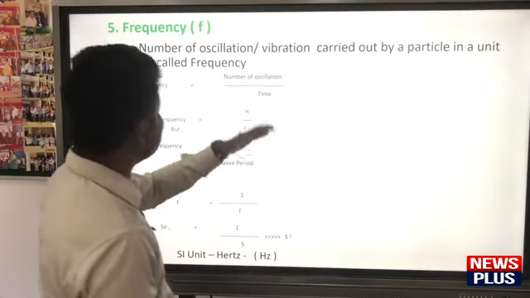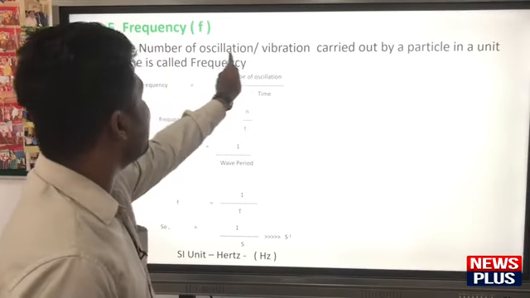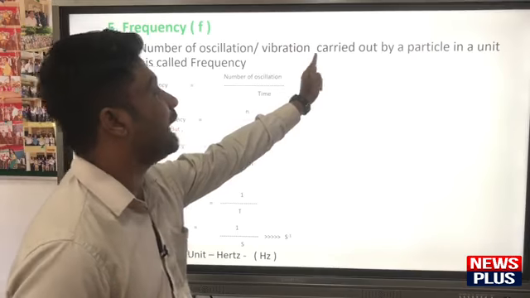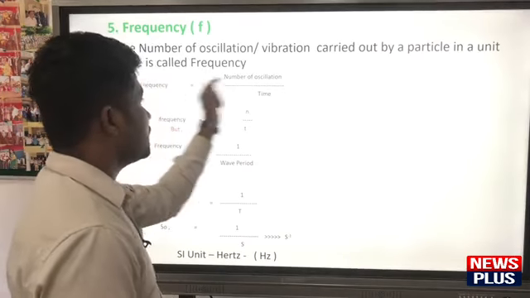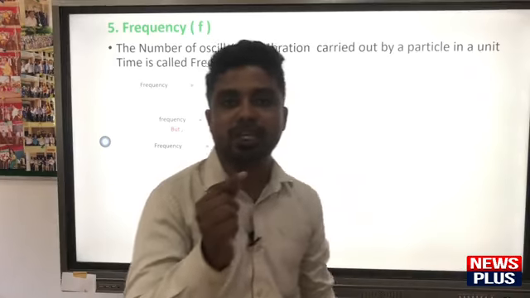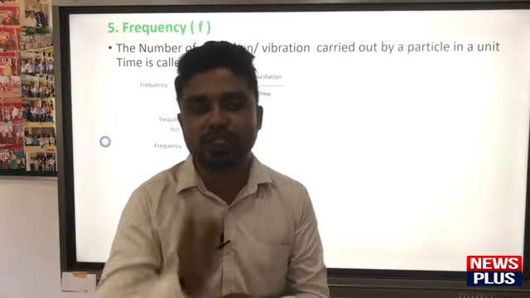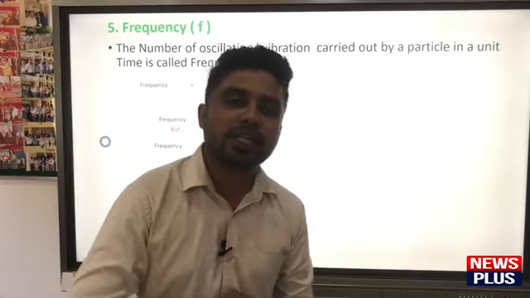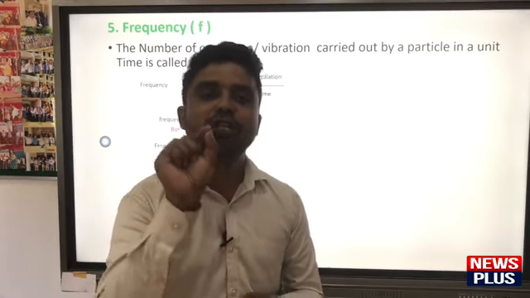So from that we can talk about what frequency is: the number of oscillations or vibrations carried out by a particle in a unit time. This is very important. Unit time means 1 second. People get confused about this. What is unit time? For example, what is speed? Speed means the distance traveled in a unit time.